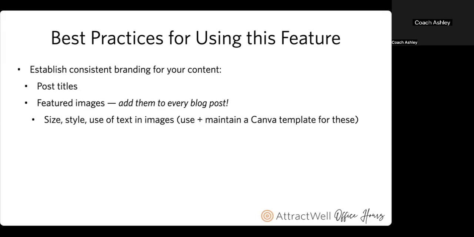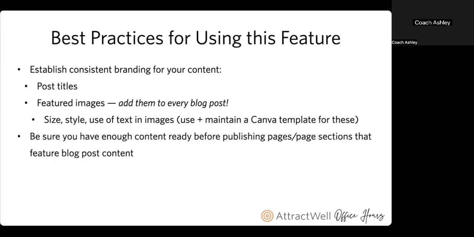I highly recommend just having a Canva template that you just use over and over and over again, right? So just make a copy and then save that image. And then you can actually have a historical outline of all of the things that you've created if you ever needed to use an old one again, or you could just keep reusing the same one.